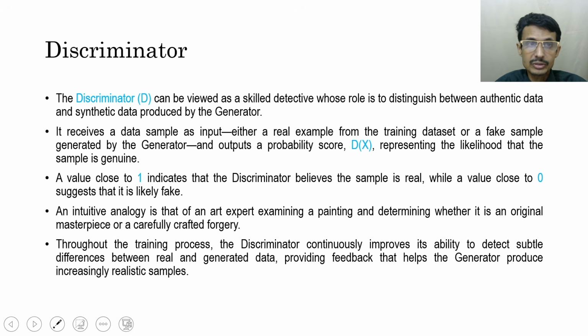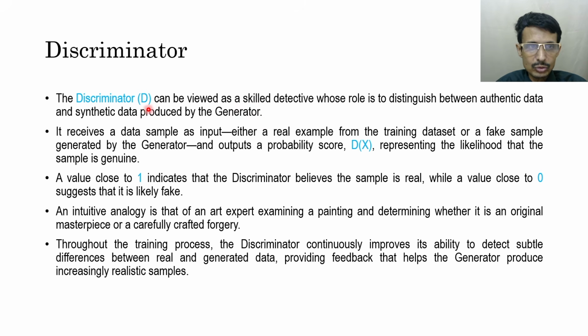Okay, let's try to understand what the discriminator is. The discriminator is another neural network, viewed as a skilled detector whose role is to distinguish between authentic data and synthetic data produced by the generator.